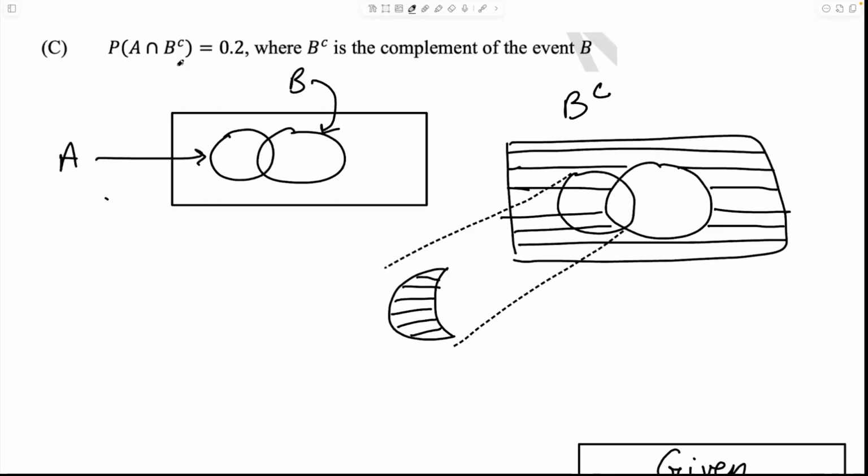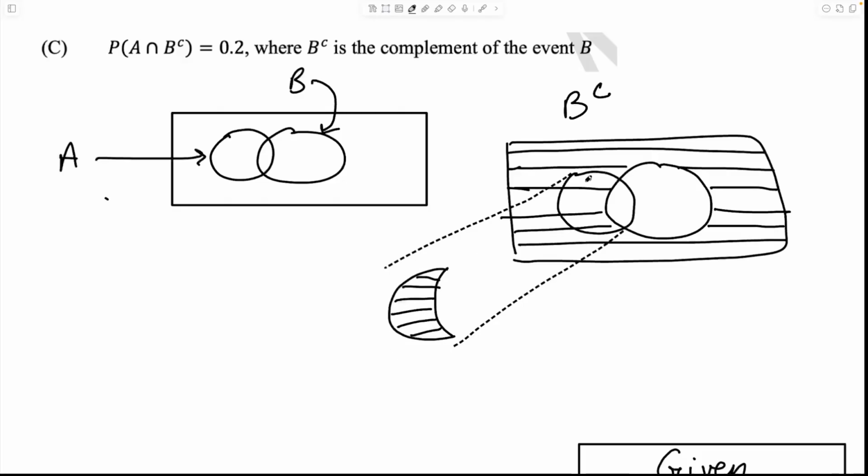So this is a simple Venn diagram. This is A, this is B, and this is the A intersection B part. I have explained this whole part earlier also. Now B complement can be expressed like this. The portion of the rectangle that is outside of B is the B complement, and it is intersecting with A in this region. I have drawn this region outside here also.